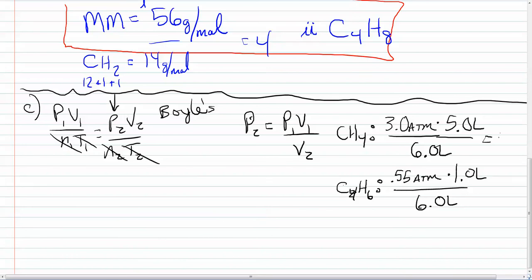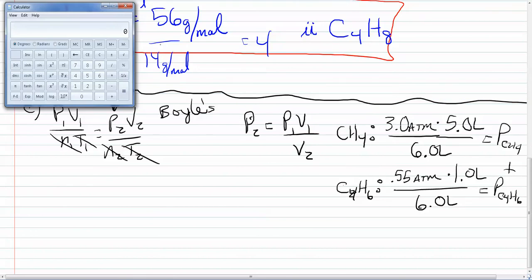So now, this will give us PCH4, and this will give us PC4H6. Add those two together, and we'll be in good shape. So crunch the numbers here. Let's get that calculator back again.